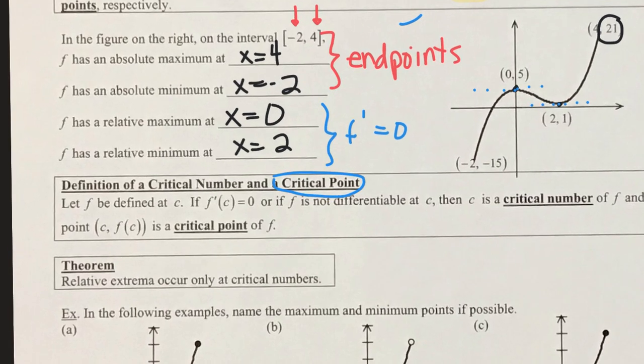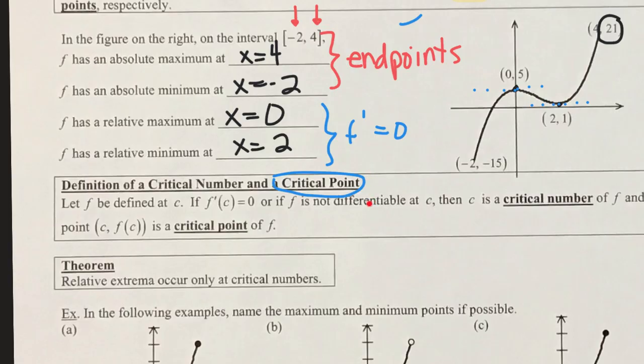Okay, so here we have your definition of a critical value. Either your derivative is 0 or not differentiable. So that means we come to a cusp, or probably not an asymptote, but not differentiable. So we have to check, where is it 0 or where is the derivative undefined?